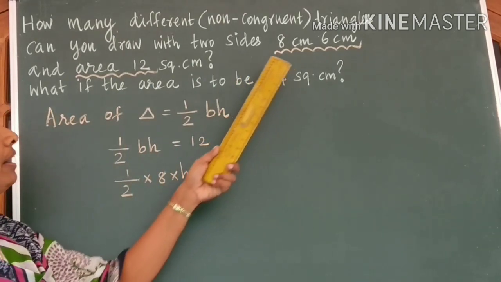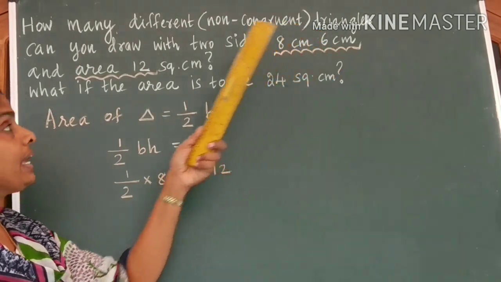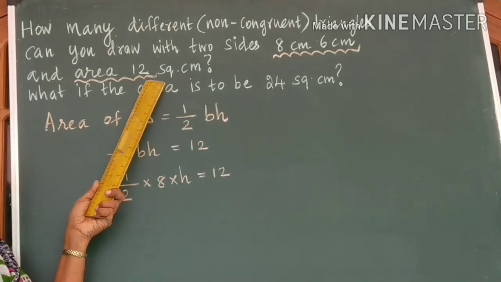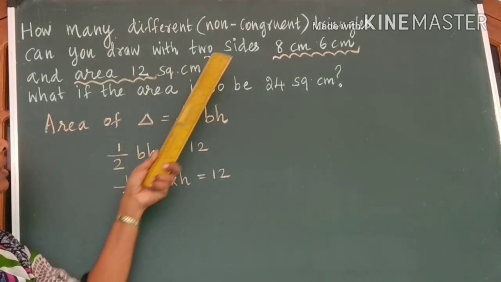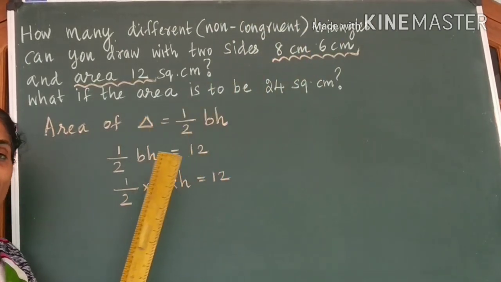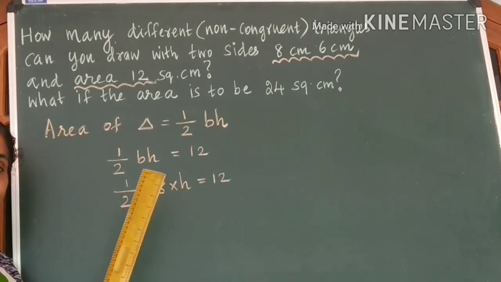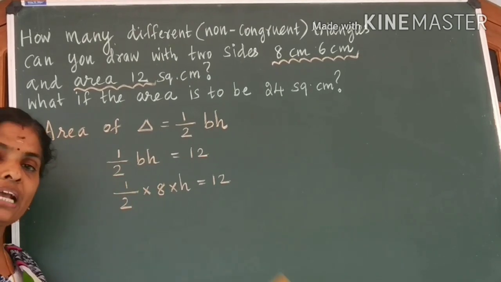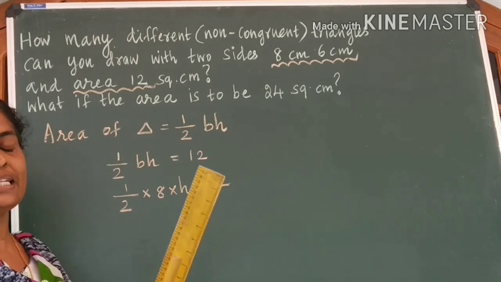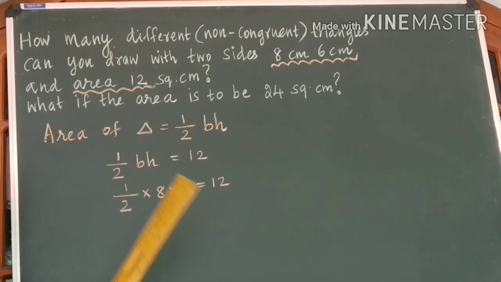Two sides are 8 and 6. Area should be equal to 12 square centimeter. You are going to draw non-congruent triangles. What do you mean by non-congruent triangles? Not equal triangles.